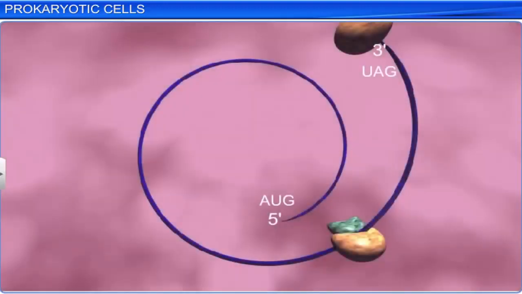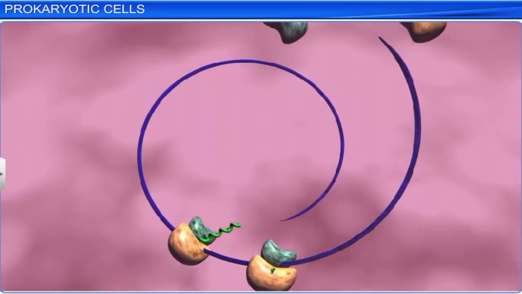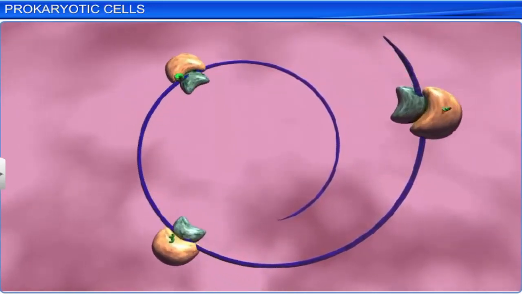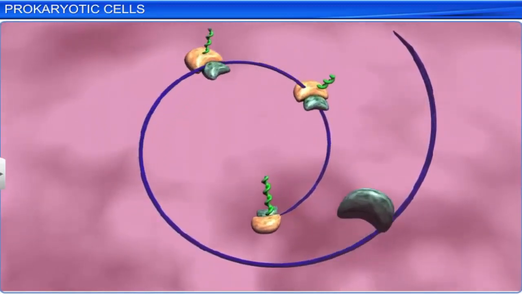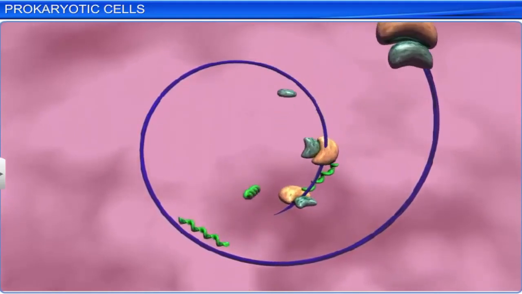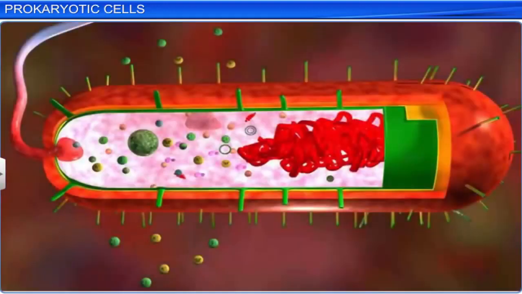These ribosomes, attached to a single messenger RNA, a type of RNA that aids in protein synthesis, form a chain called a polyribosome or polysome, and ultimately translate messenger RNA into proteins. Apart from the ribosomes, cytoplasm also contains inclusion bodies such as phosphate granules, cyanophycean granules, and glycogen granules, which are used for storing reserve materials.